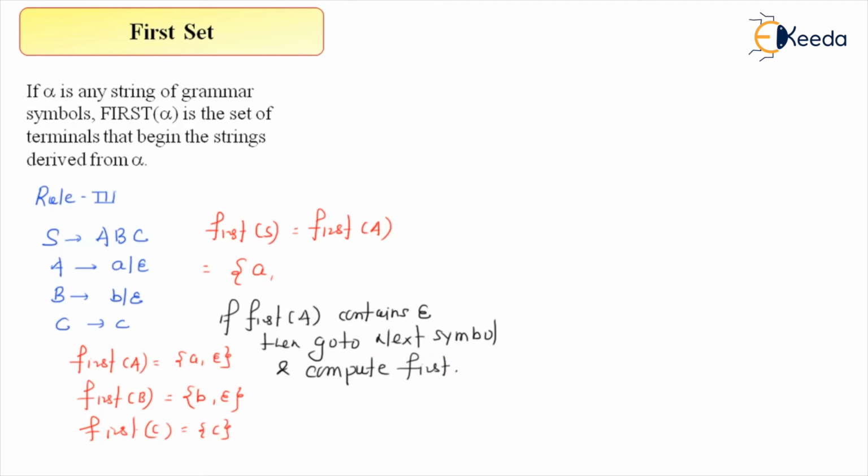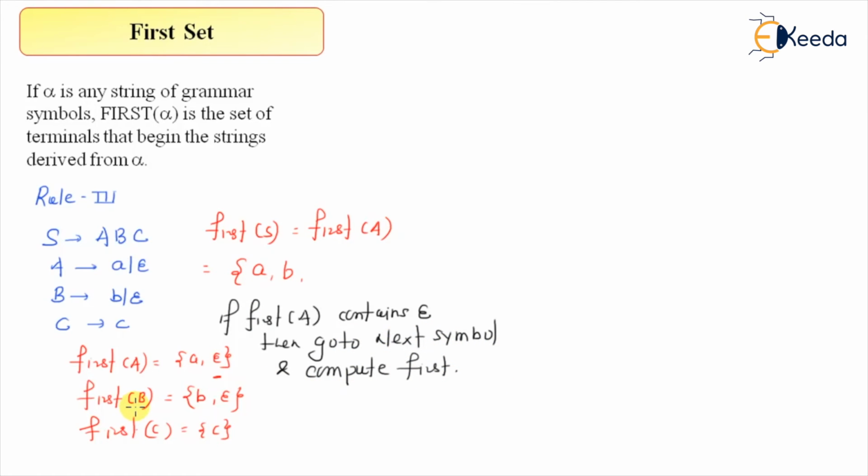That is the rule I have written. So now, if first of A contains epsilon, I'll just drop this symbol capital A. The meaning of this statement is that I'll go to the first of B, so I'll put the B over here. So first of S: if first of A contains epsilon, then go to the next symbol and compute first.